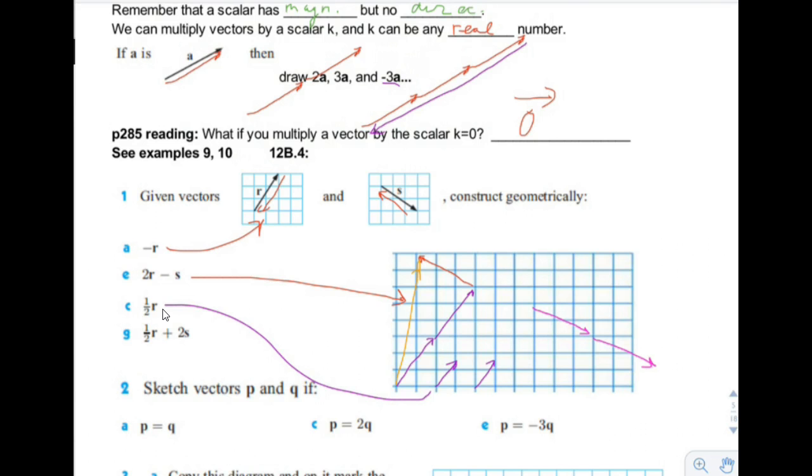So the resultant vector would be like that.